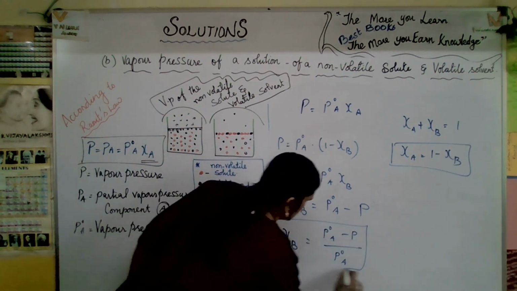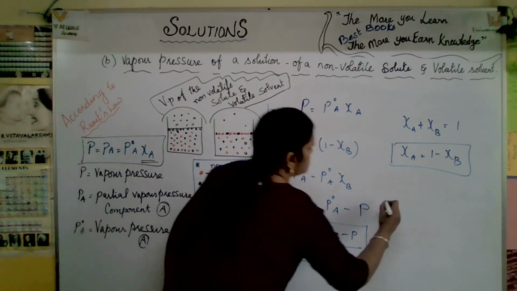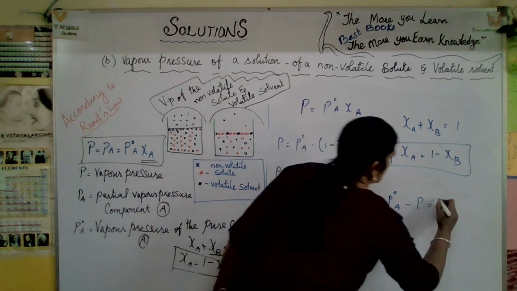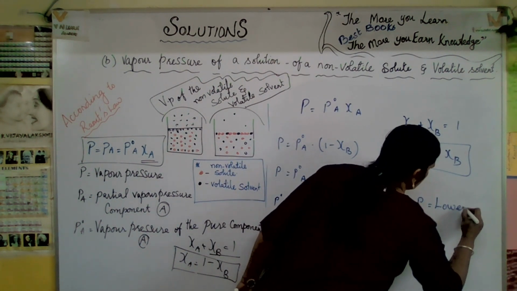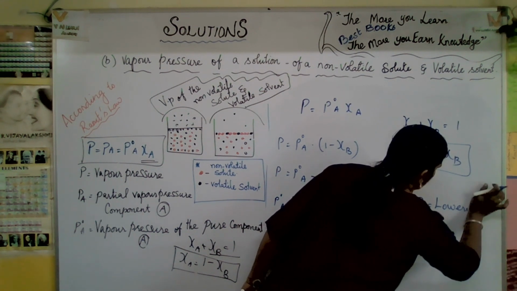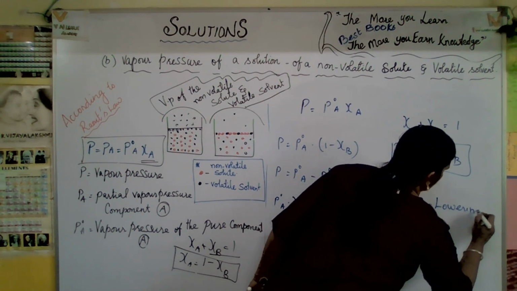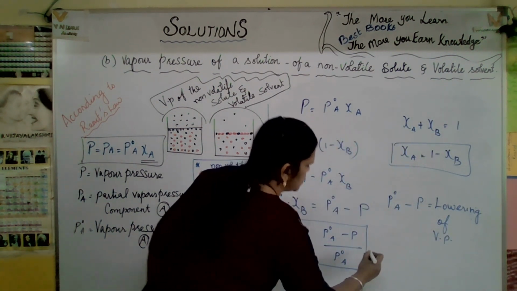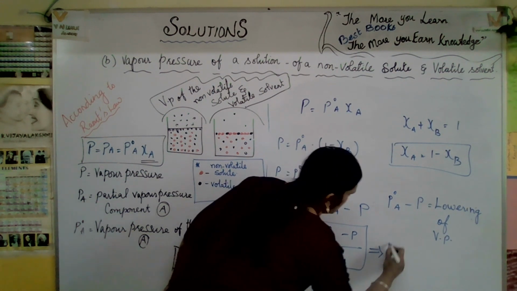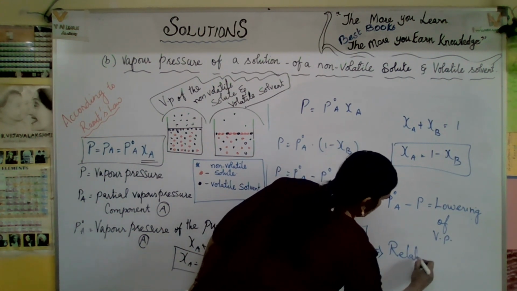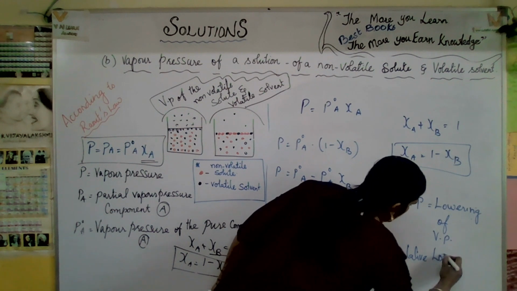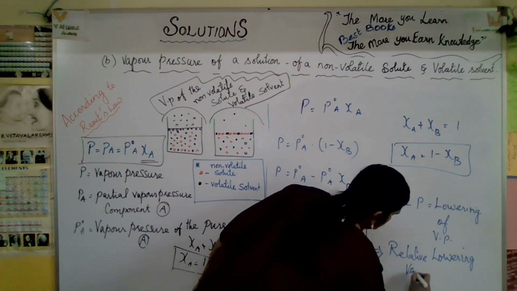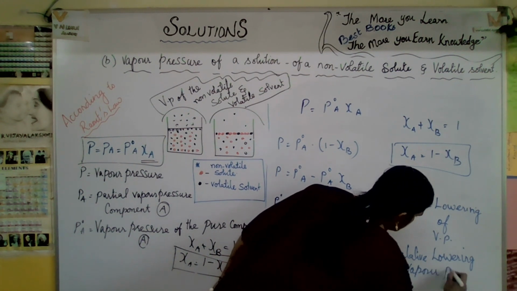So this is the point we are getting: P naught A minus P, which we can consider the lowering of vapor pressure. And this whole ratio we can say is the relative lowering of vapor pressure.